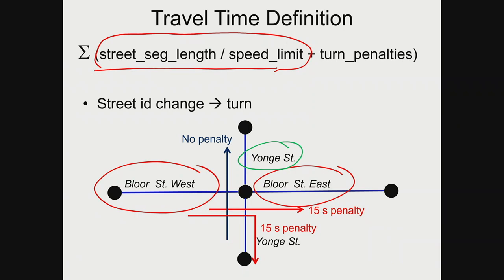We could force you to compute how much the angle of deflection is and have some lookup table. But it's kind of a pain for you to write that code. It's also a pain for us to test it because we have to make sure that our tests accept any valid solution. So to keep the spec relatively simple but still pretty realistic, we're just saying if the street ID changes, take this penalty. Does that make sense?